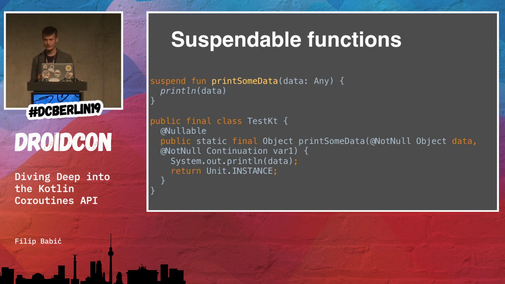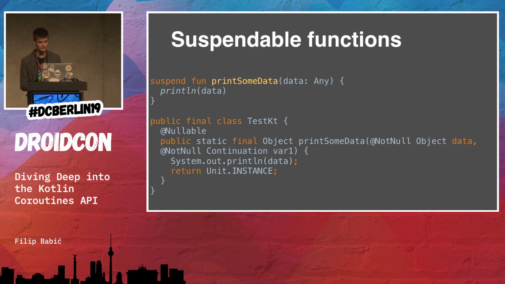The continuation parameter is going to be used as a low-level system callback, which will tell the function, okay, now is the time that you're suspended, and after a while, you should go all the way back and continue with your work. So it's just a low-level callback, or let's say a go-to statement, which jumps around your code and allows you to suspend and resume the function at any point in time.